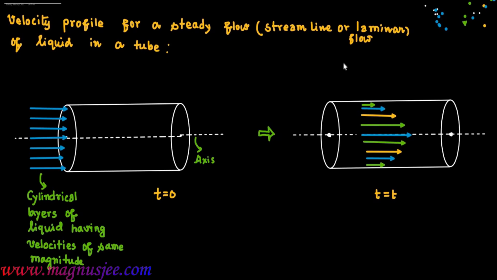These arrows indicate the velocity of different cylindrical layers of liquid coaxial to the axis of the cylinder, and we can draw the locus of velocity of different cylindrical layers of liquid flowing through the tube in a steady flow. This is the velocity profile for a steady flow of liquid.